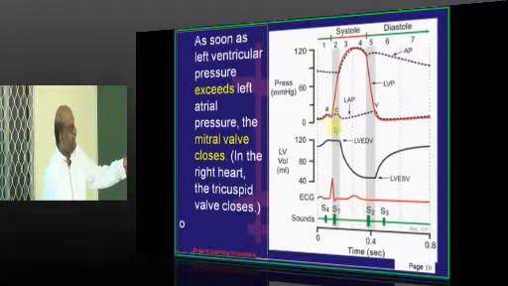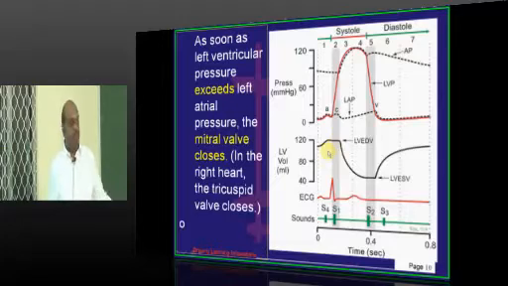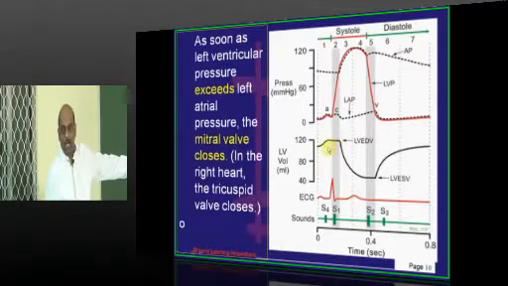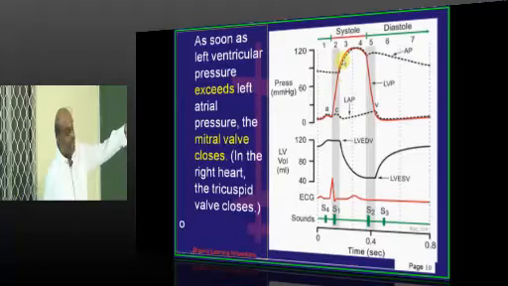When isovolumic ventricular contraction is happening, how is the left ventricular volume? It is isovolumic. So it should be stable. It should not change. That is what needs to be remembered. How is the ventricular pressure? This is the pressure tracing here. It typically elevates in the isovolumic ventricular contraction.